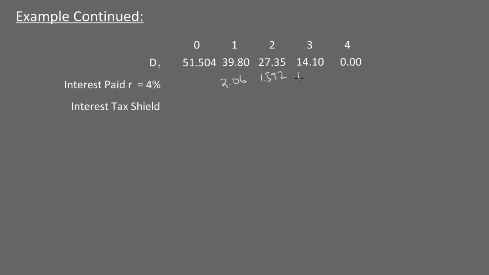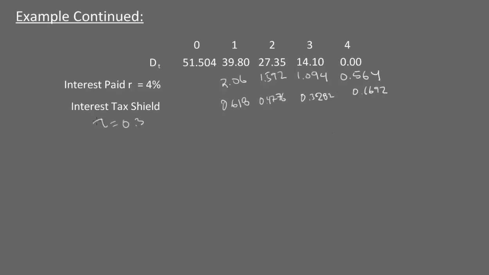Then we just continue calculating our interest portion for the remaining periods. Now we need to calculate our tax shield, and our tax rate was 30%. So 2.06 multiplied by 30% is 0.618. 1.592 multiplied by 30% is 0.4776, and then we repeat for the remaining periods.